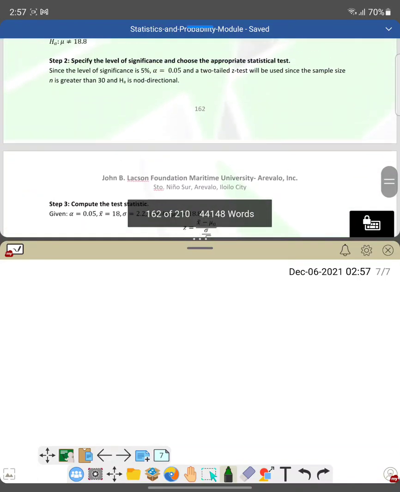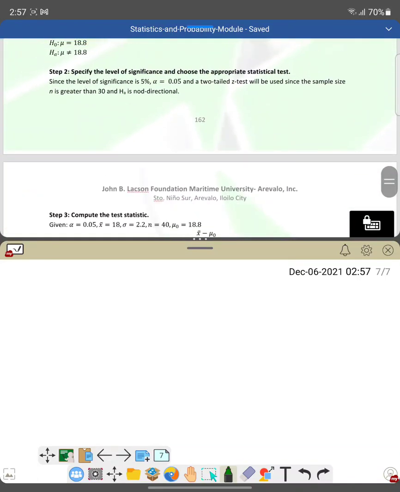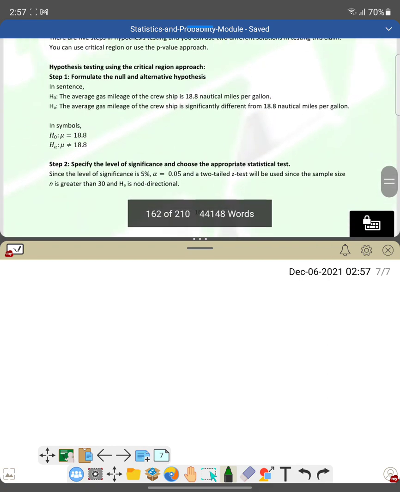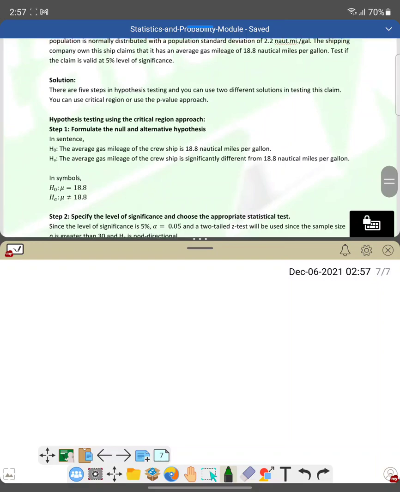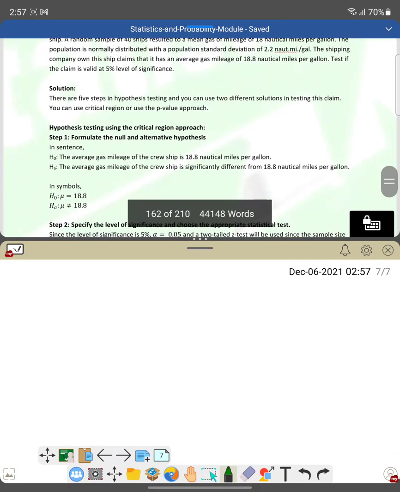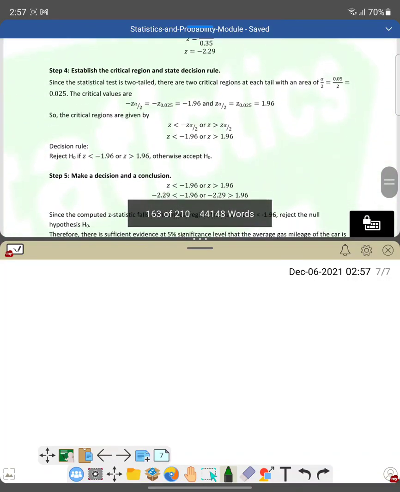Now for the third step, compute the test statistic. We are just going to use the formula that we indicated above. Given is the level of significance of 0.05. The sample mean is 18, as we have above, for the 40 ships.